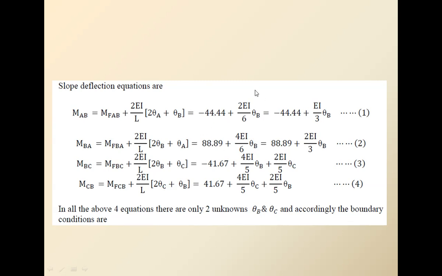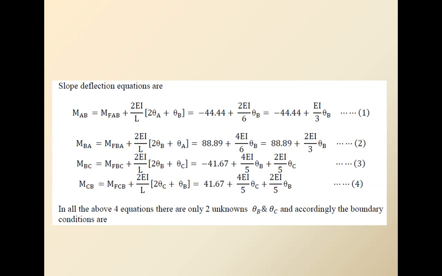Similarly, for the final end moment MAB, the first letter is A, the second letter is B. That means A is the near end, B is the far end. So while writing the slope deflection equation, you should write 2 times the near end, that is 2 times theta A, and 1 times the far end, that is theta B. Similarly, while writing MBA, in this equation, B is the near end, so it appears in the first place, A is the far end.